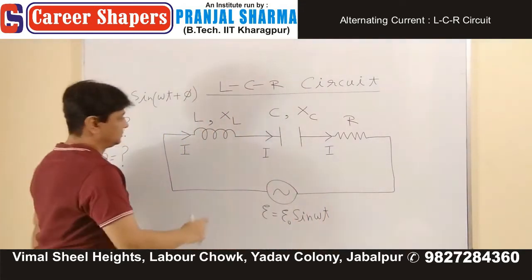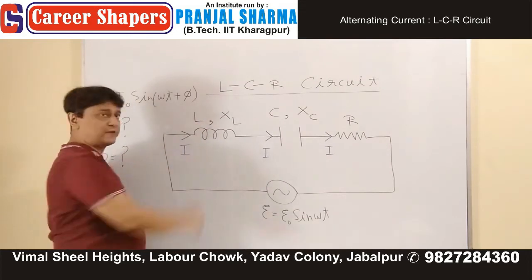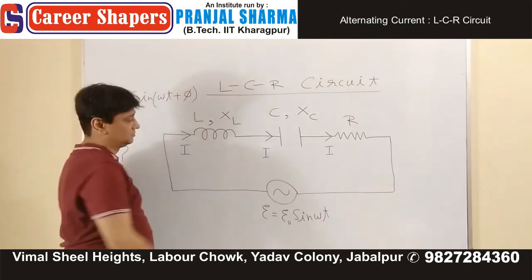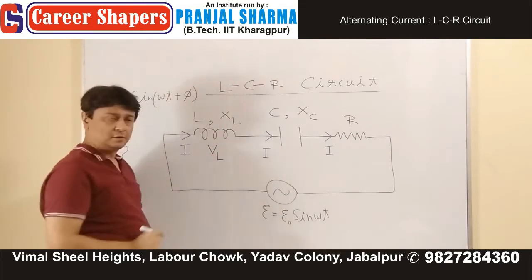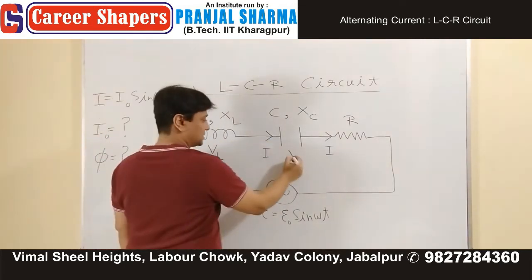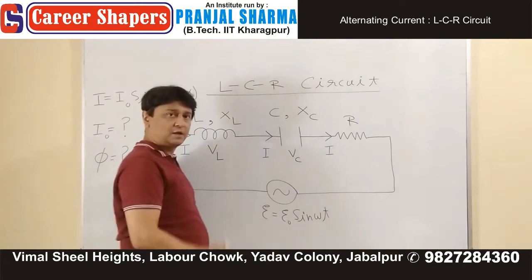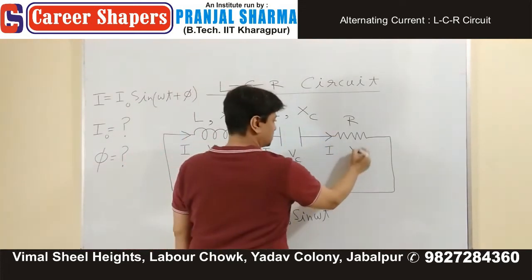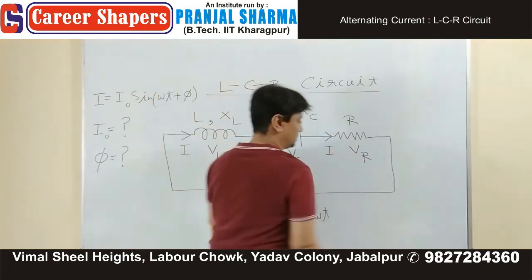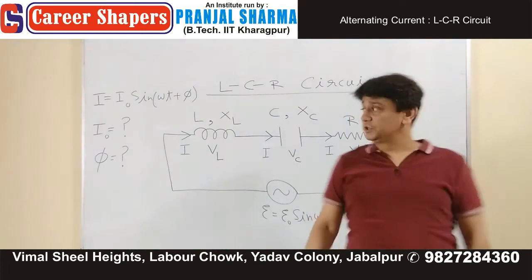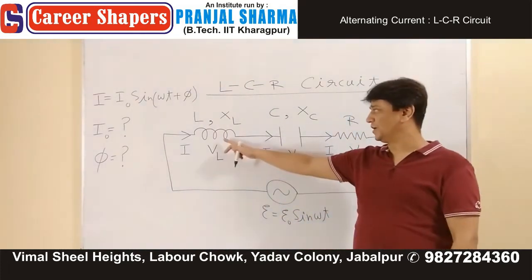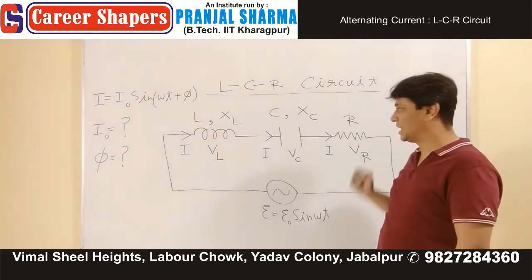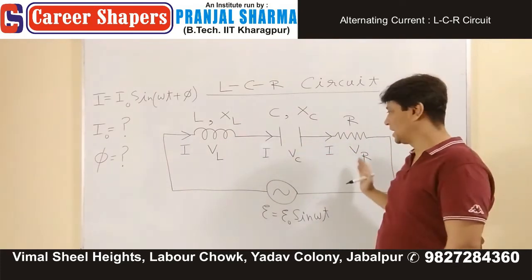Similarly, the potential difference across the inductor is VL, across the capacitor is VC, across the resistor is VR. These are the instantaneous values of potential differences across these three elements, VL, VC and VR.